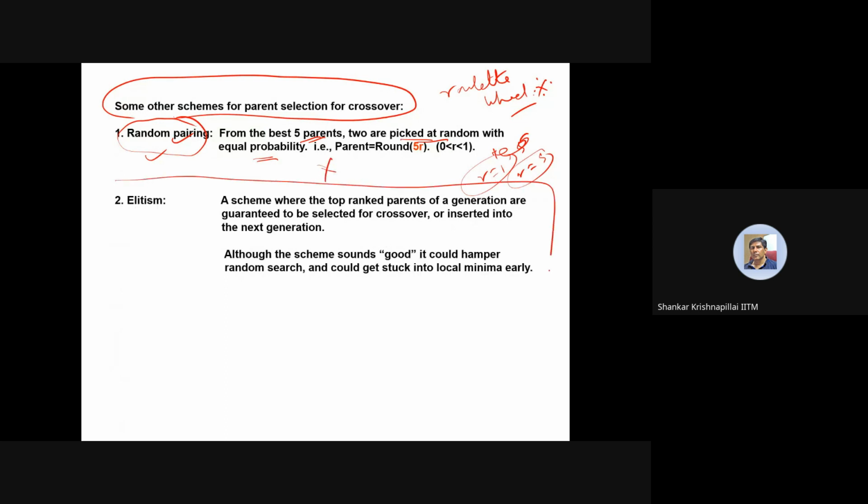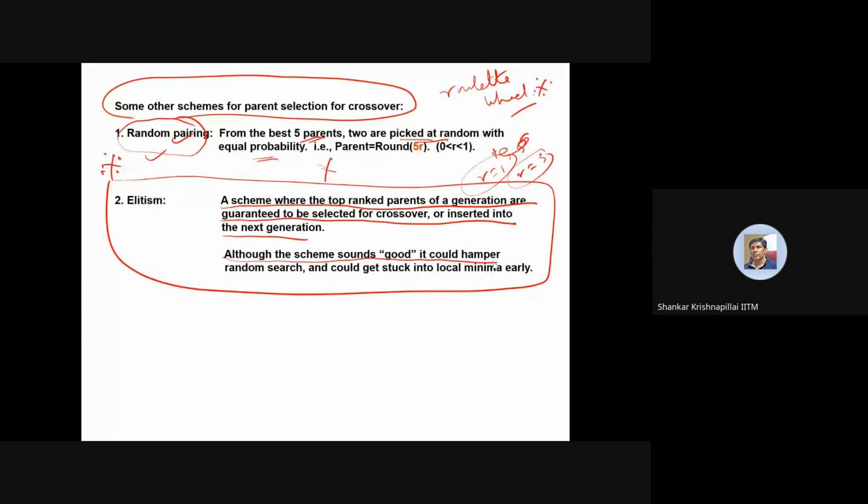Then this elitism is a highly important concept. Elitism is a scheme whereby the top ranked parents of a generation are guaranteed to be selected for crossover or deliberately inserted into the next generation. Elitism sounds very good. That is, you pick the best parent of one generation and insert it into the next generation, thinking that the good genes will be carried over.